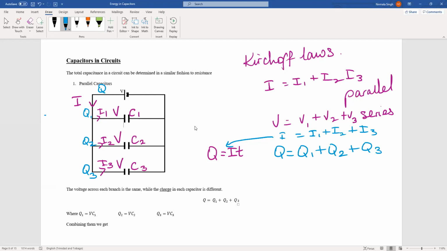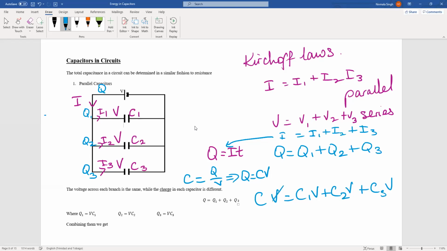So we're going to use our formula of C is equal to Q over V. We can get Q is equal to CV. So let's look at this. Q will be equal to CV, which is equal to C1V plus C2V plus C3V.